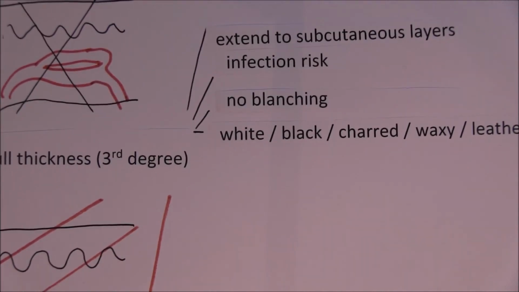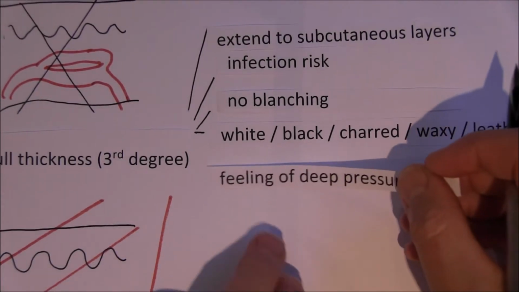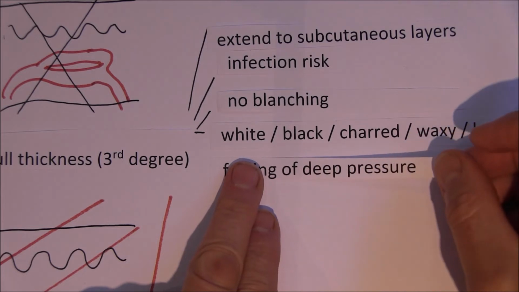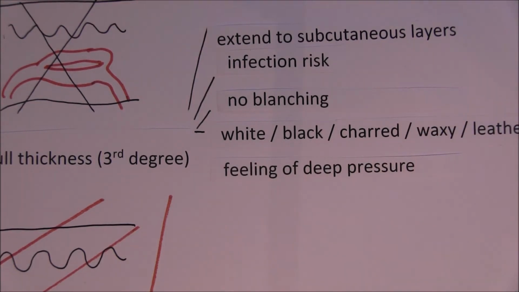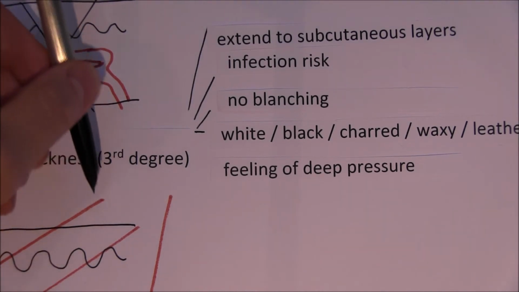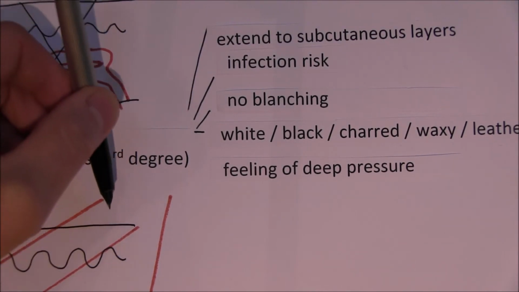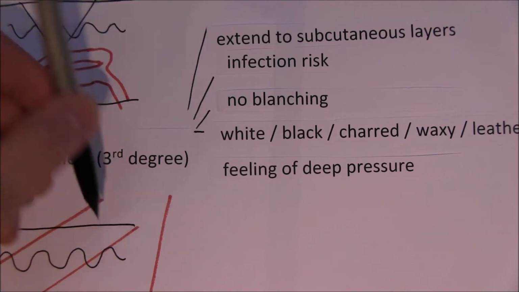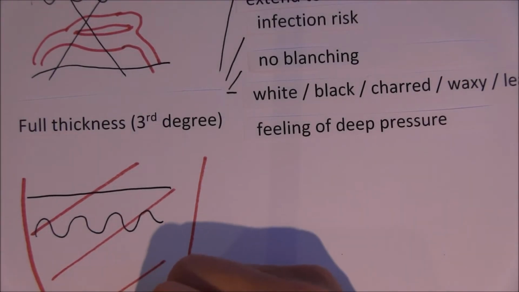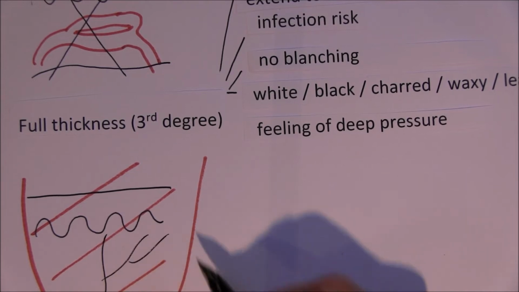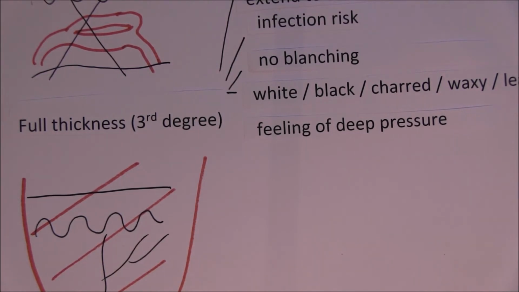Now, as well as that, the nociceptors, as we've seen several times, are all in the dermis, and they're all lost. So again, when you prick with a sharp pin, there are no nociceptors to feel the sharp pain. The nociceptors that were there are all burnt away, they no longer exist.